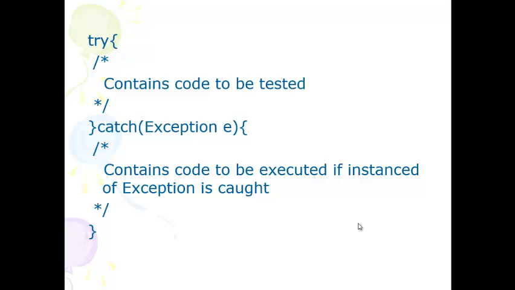Second is the catch, with open and close parentheses and the word exception e. The exception is one of the common exception class types we tackled in the previous slides, for example the arithmetic exception, the array out of bounds, etc. The catch clause contains code to be executed if an instance of the exception is caught.